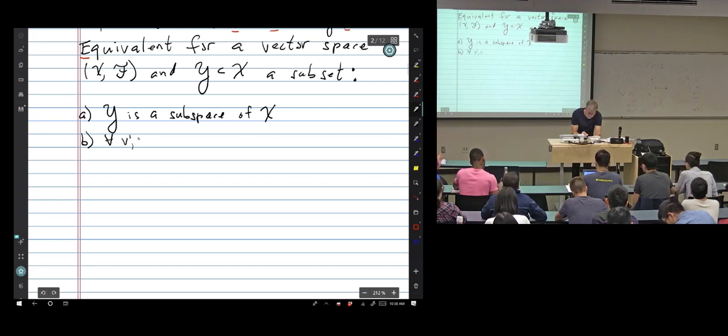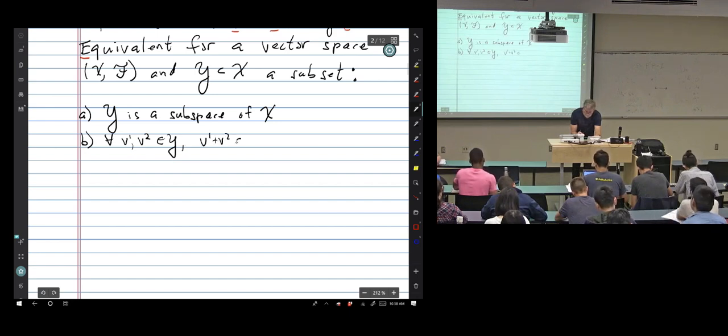For every vectors v1 and v2 in Y, their sum is also in Y.